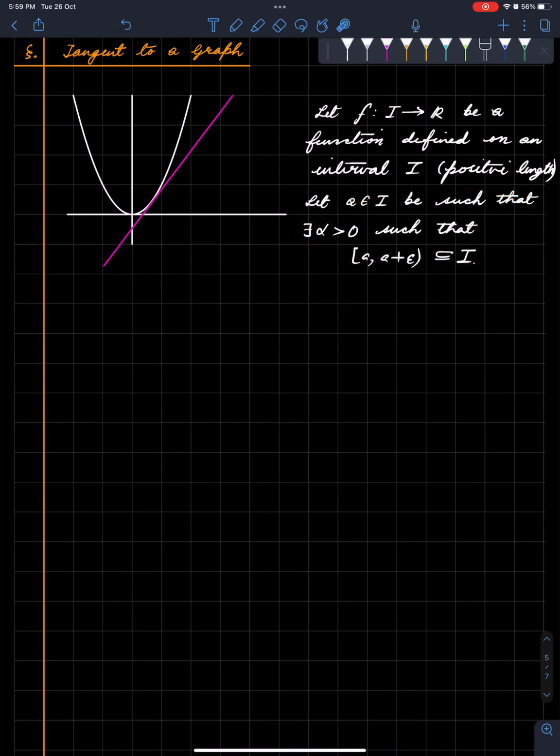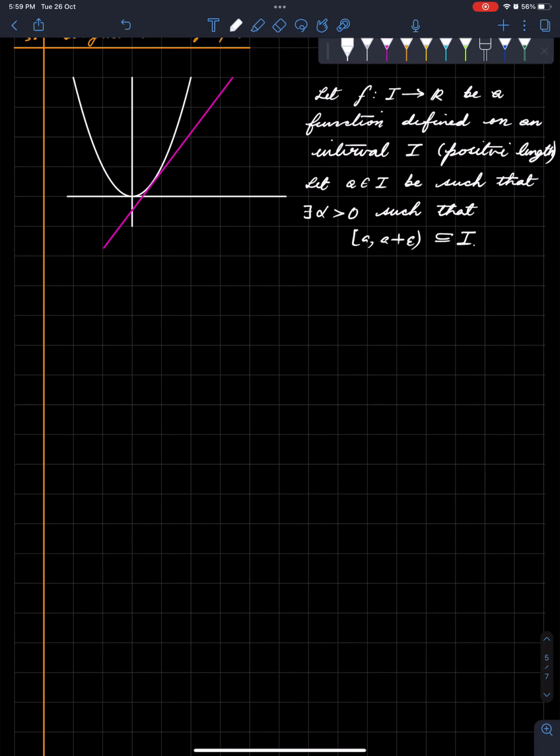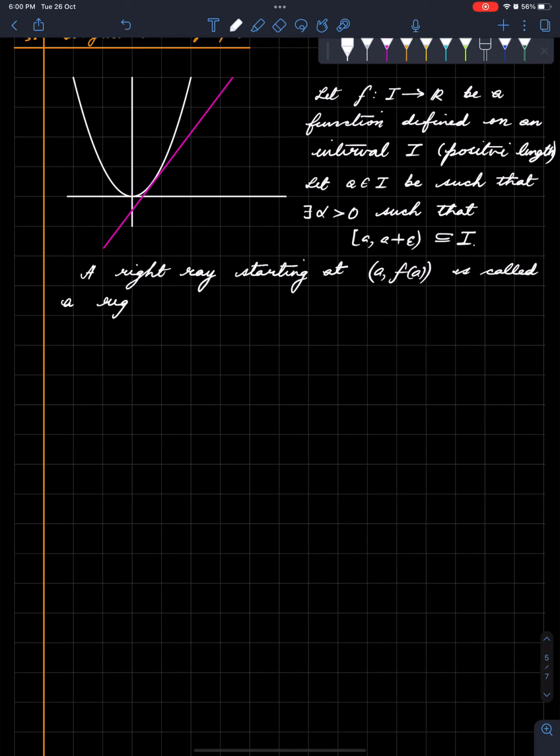Okay. So now we can define a tangent. So with that, a right ray starting at (a, f(a)) is called a right tangent to gamma f.